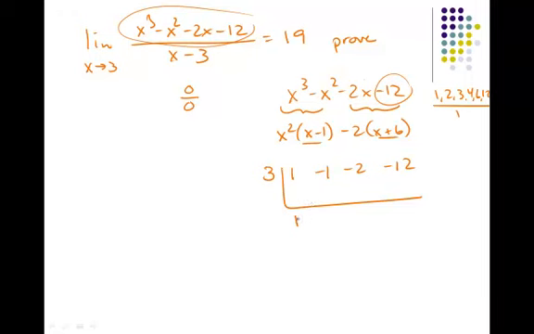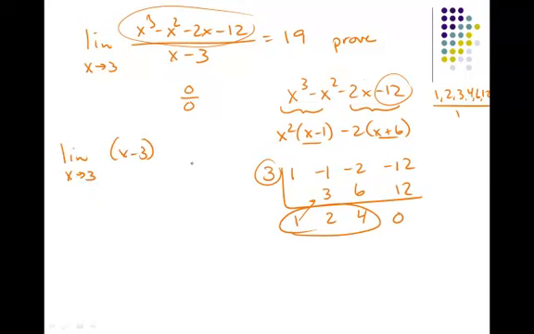So we bring down the 1. 1 times 3 is 3. Adding, I get 2. Bring up the 6, 4, 12, and 0. So if you remember, that means I'm going to rewrite my numerator, the factors are x minus 3, this is the opposite, and then these become x squared plus 2x plus 4.